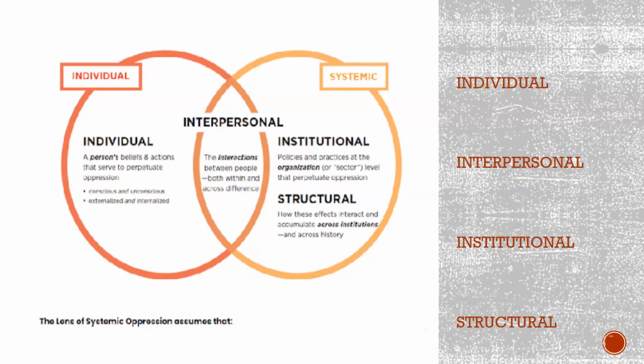And then at institutional level, that's where we have policies and practices at the organizational or sector level that may also perpetuate gender oppression or may actually help to lessen it, to make sure that there's equality and equity.